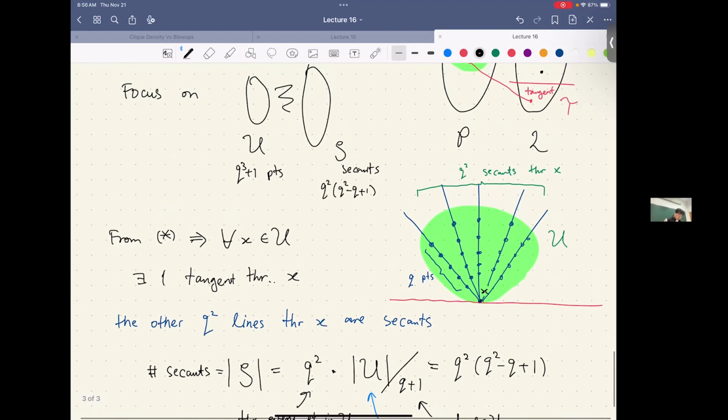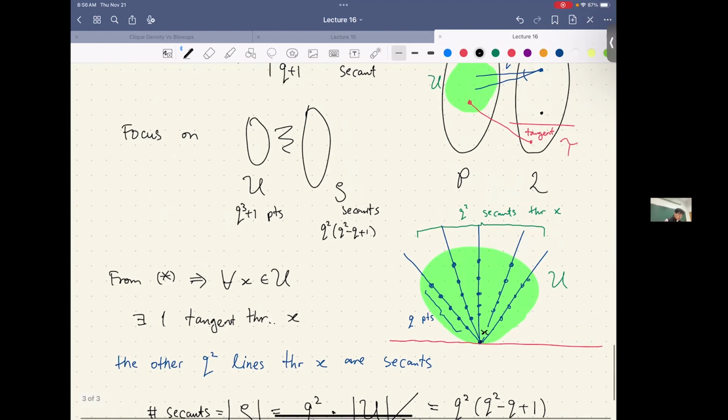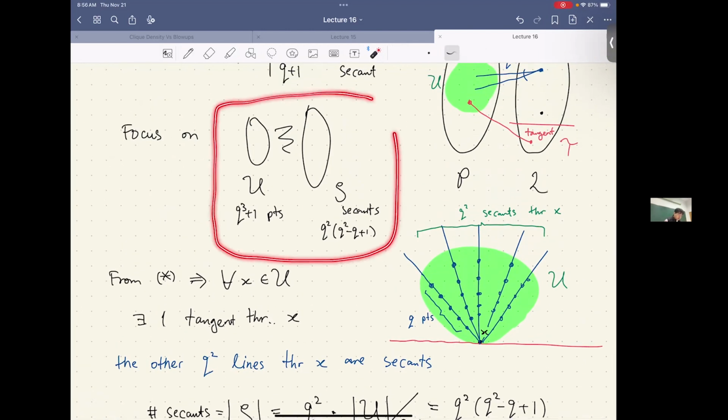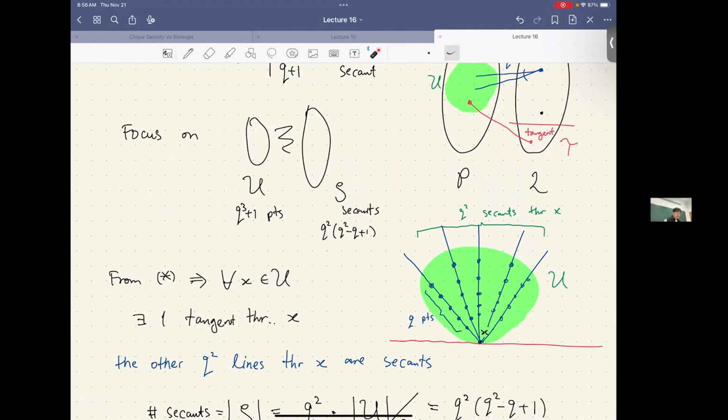Good. Any questions so far? The key property of this space we are looking at is that no matter how you take 4 secant lines, you cannot find 6 unital points where these 4 lines meet pairwise at these 6 points.